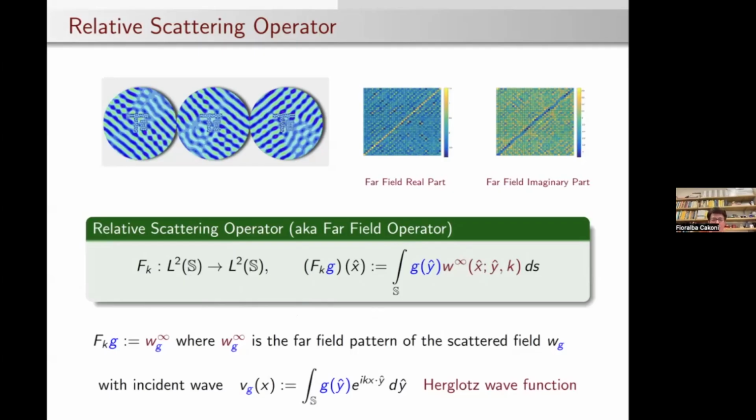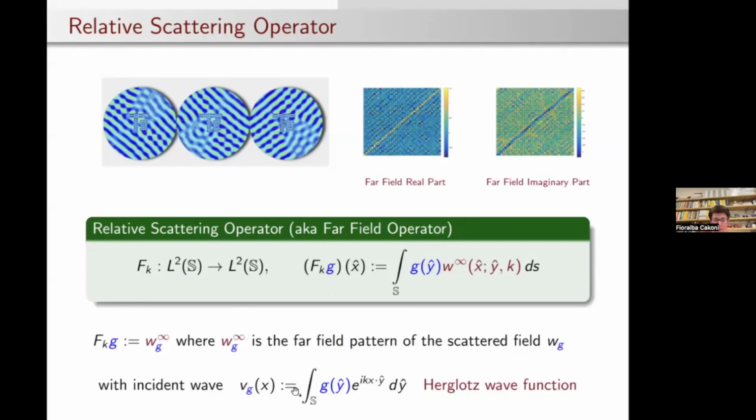Now, the model that I'm discussing here is linear, so the governing equation and everything is linear. The linearity tells me that the superposition of the far field patterns is the far field pattern of the scattered field if I send the superposition of the plane waves with the same density g.